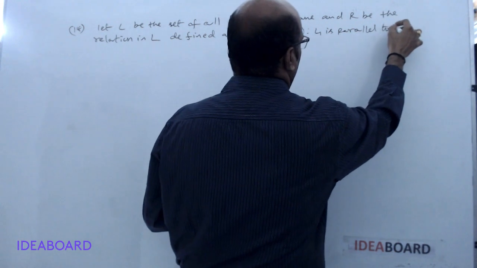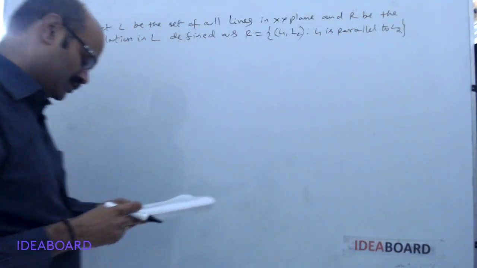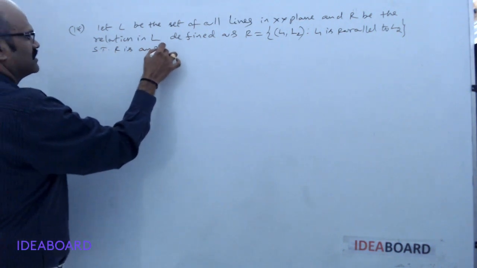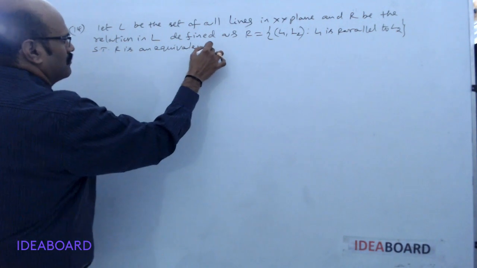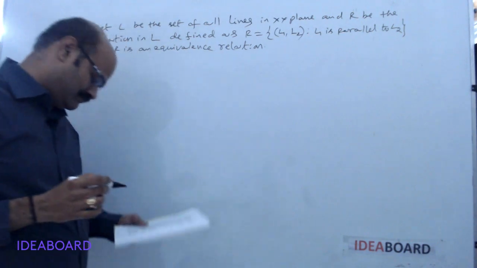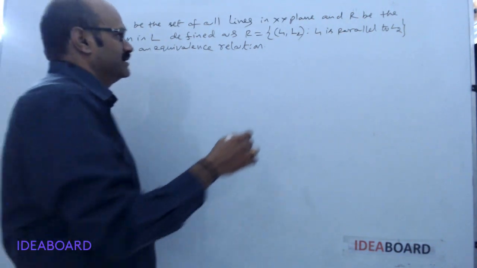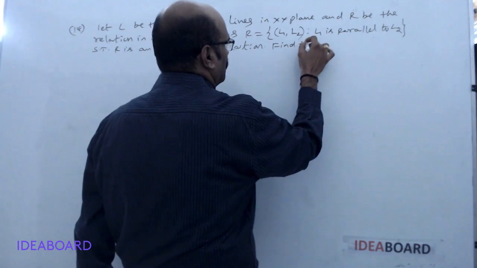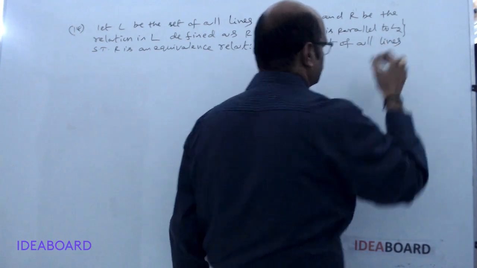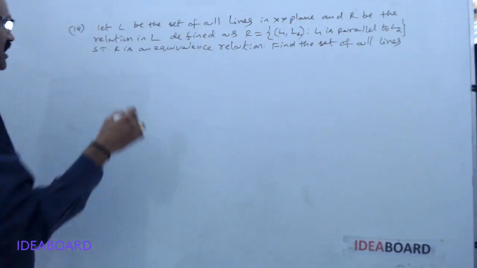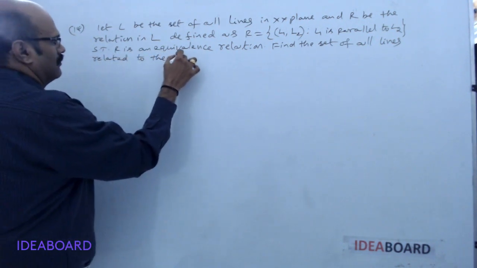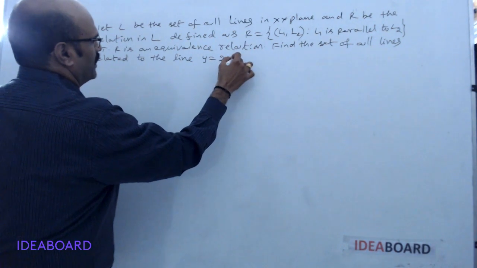Show that R is an equivalence relation. Find the set of all lines related to the line y equal to 2x plus 4.